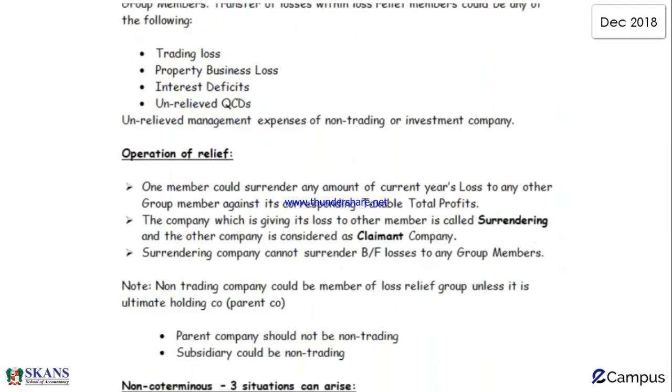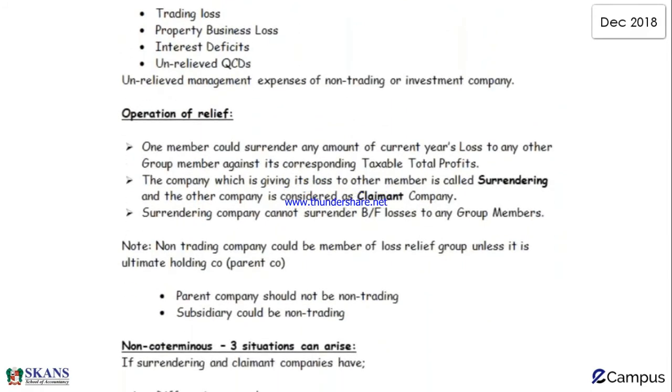Well, the next thing now would be, what is the benefit to A, B, C, D, E of being members of loss relief group? Well, they are now allowed to transfer their losses within loss relief group members. Well, which losses? Almost every loss other than capital losses.